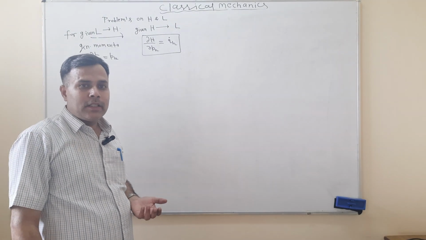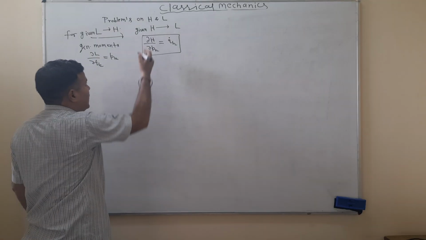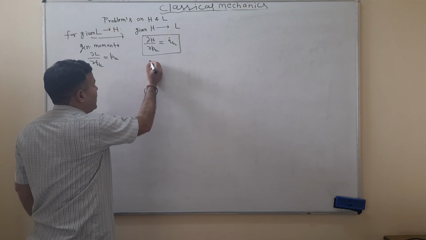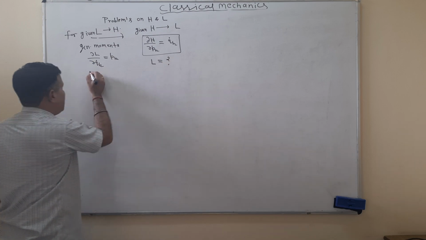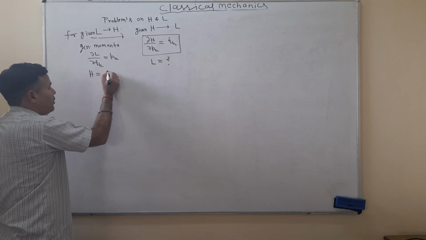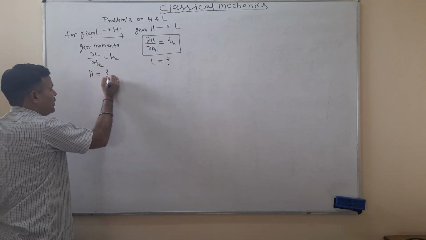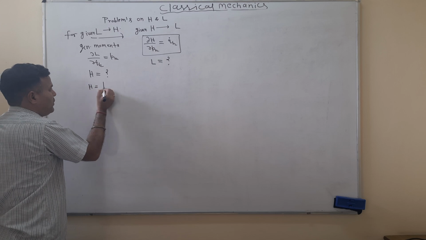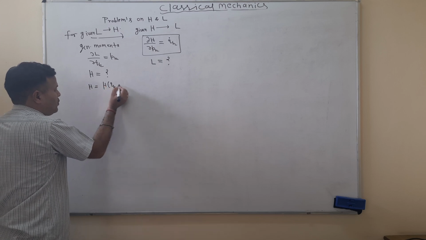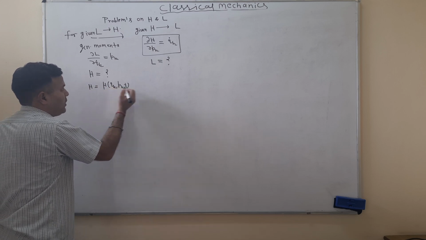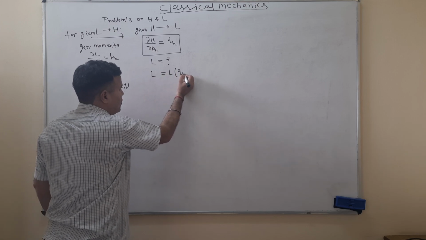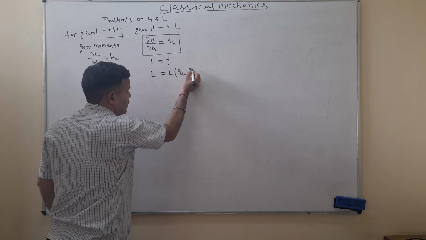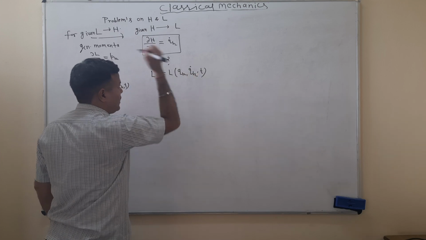Why are we replacing? Because here we will find out L. Here we have to find out the expression of L. H is basically a function of Qk, Pk and t, and L is basically a function of Qk, Qk dot and t.